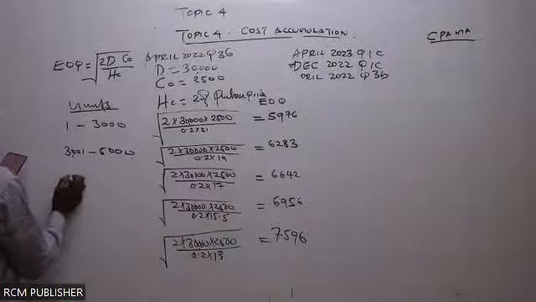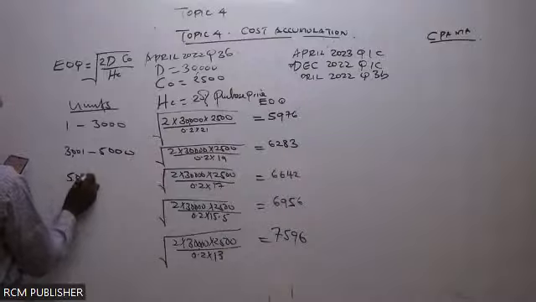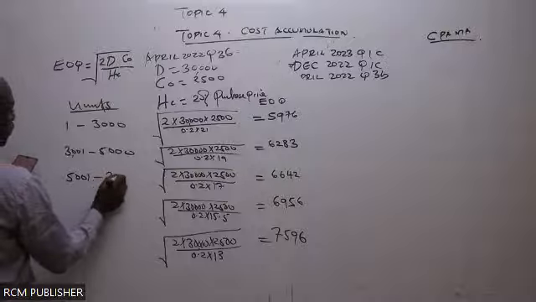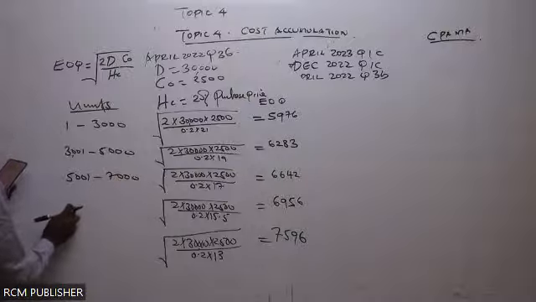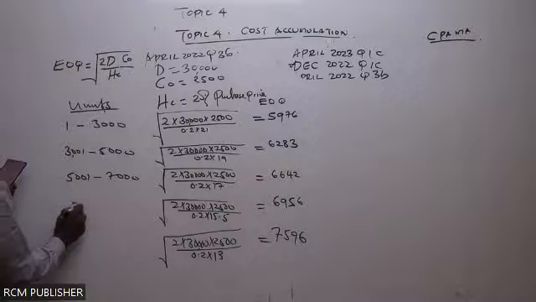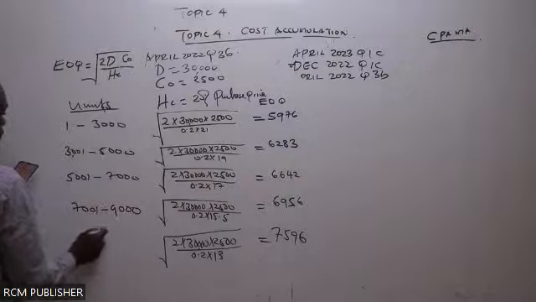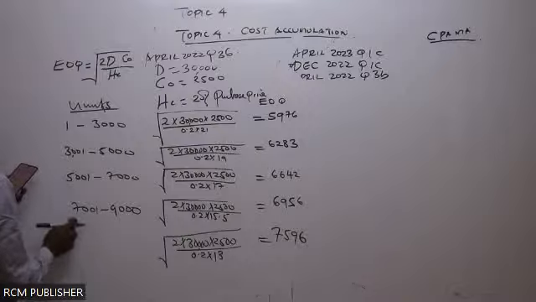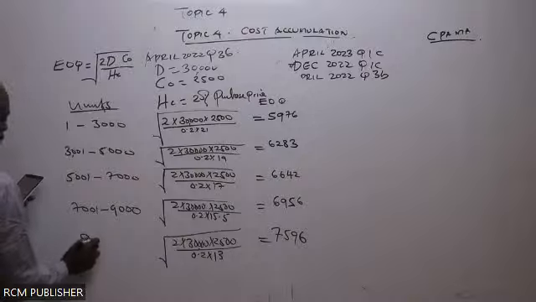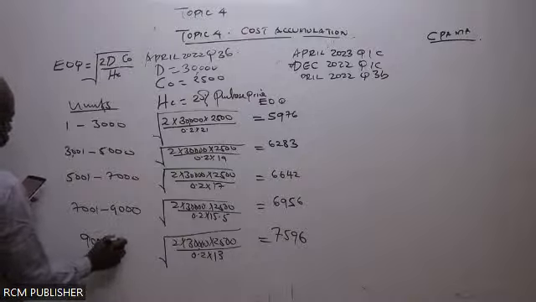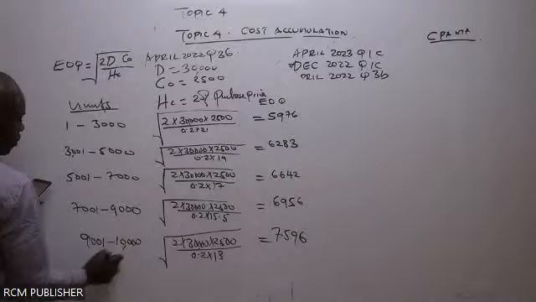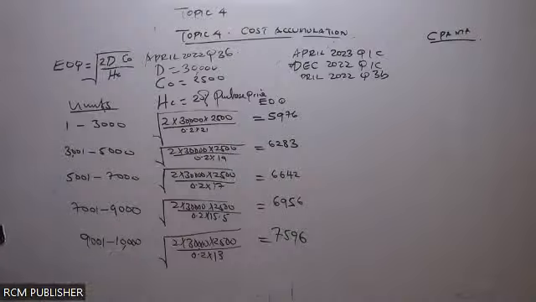Then this one here will be 5,001 to 7,000. And then this one here will be 7,001 to 9,000. And then this one here will be 9,001 to 10,000. That is what we have.